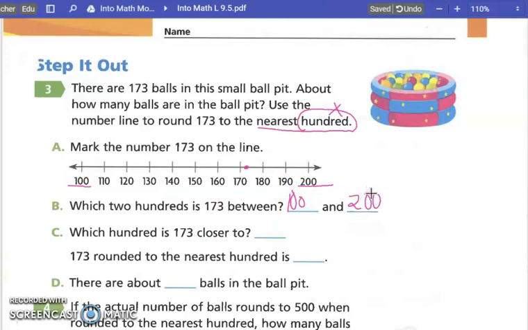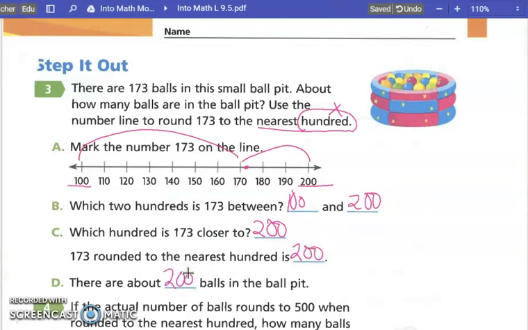Which hundred is 173 closer to? 200. Look at that. 173 rounded to the nearest hundred is 200. So there are about 200 balls in the ball pit.